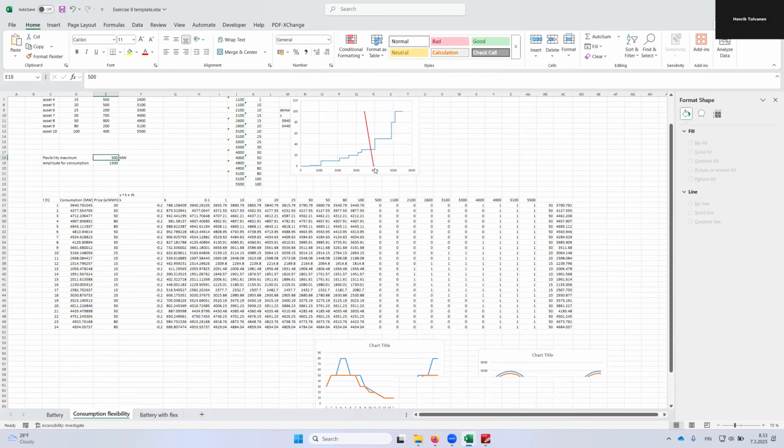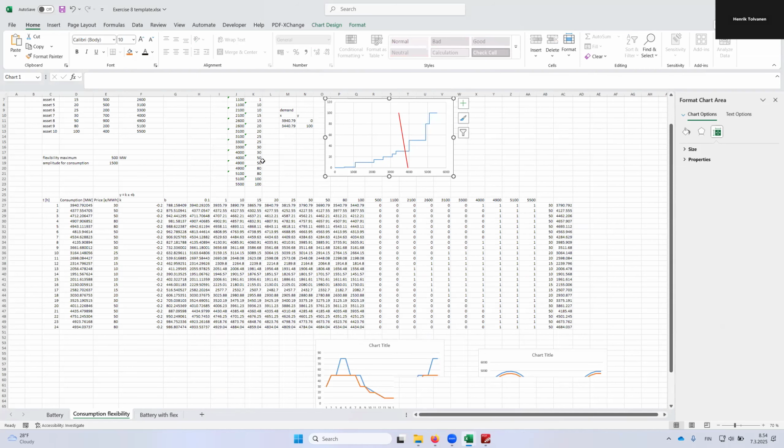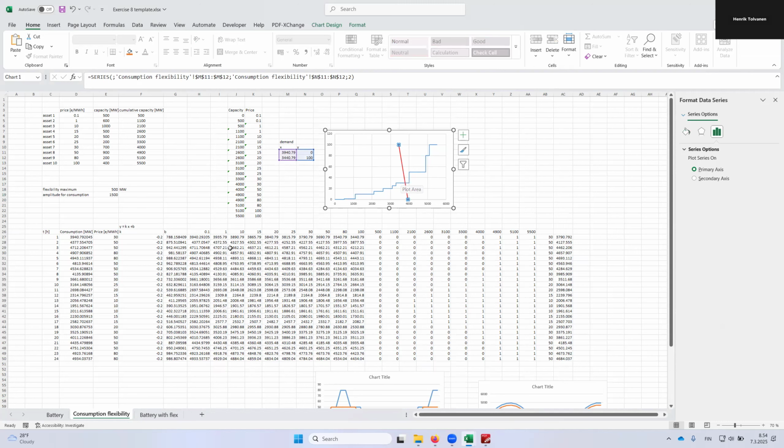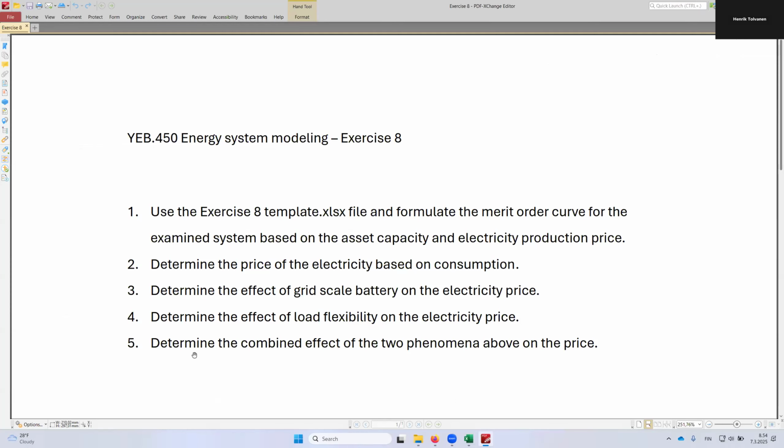So there was a way of drawing the merit order curve, drawing this flexible demand. And then what we were after was the asset that's still being activated in here. And the final question in here is to determine the combined effect of the two phenomena on the price.